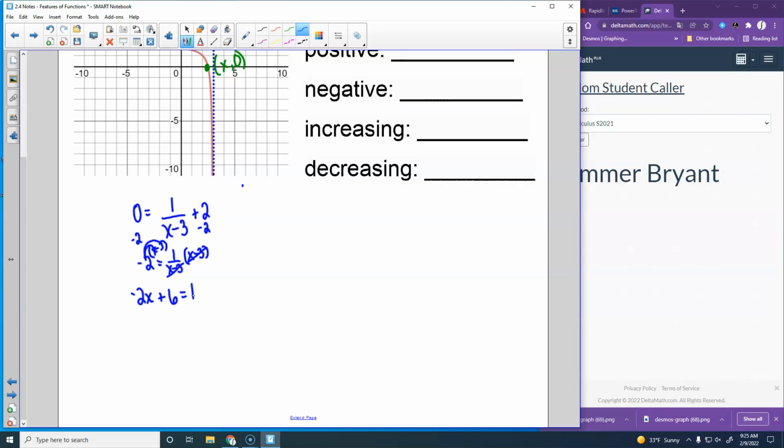And now I'm down to something that's not so bad to solve. So I'll subtract my 6, negative 2x equals negative 5, and divide by negative 2. So x would equal 5 halves, which would be 2.5.